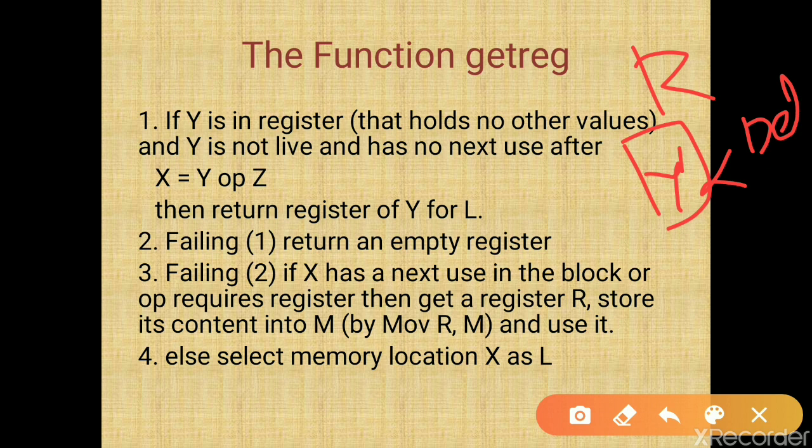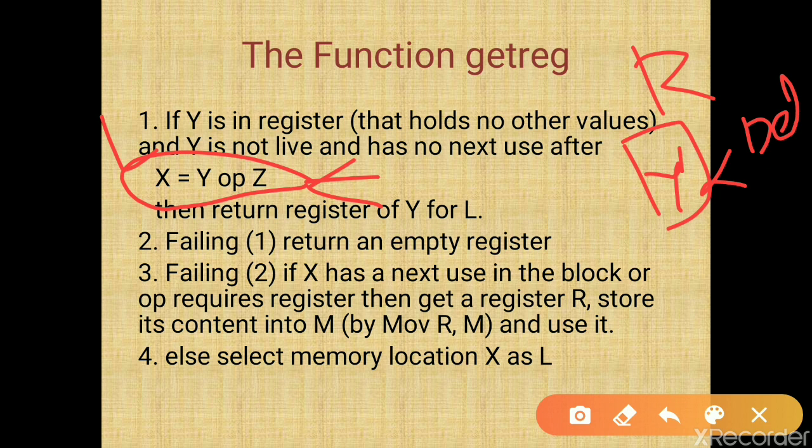So it is not live and has no next use after, like here doing an operation x equal to y op z, means we are performing an operation x equal to y operand z. In that case we are using y, after that we are not at all using the value y. Then we will return the register of y to L. Who is L here?